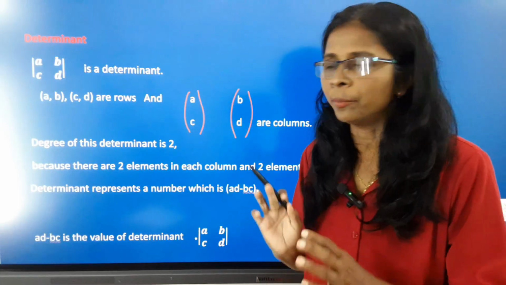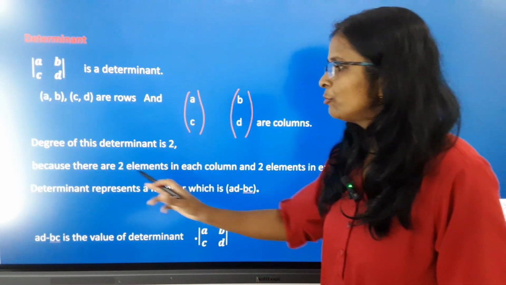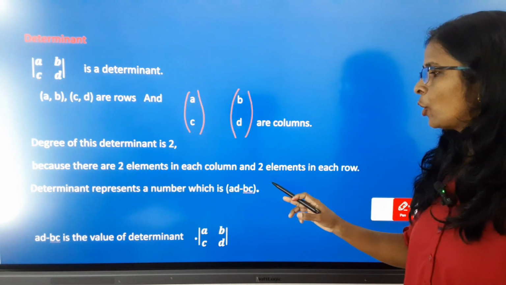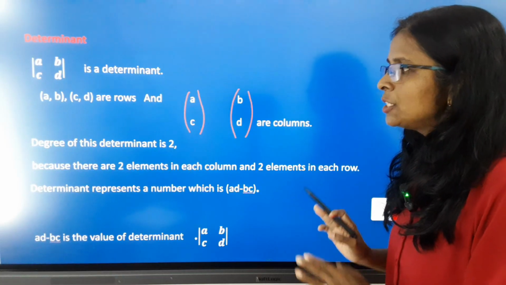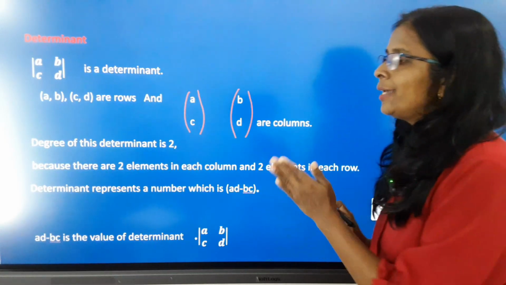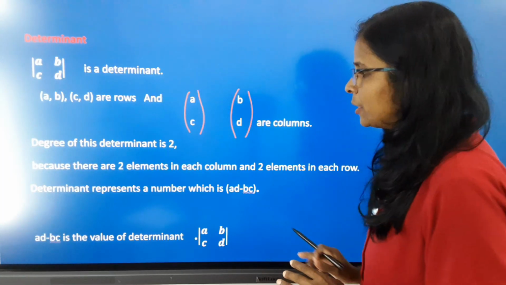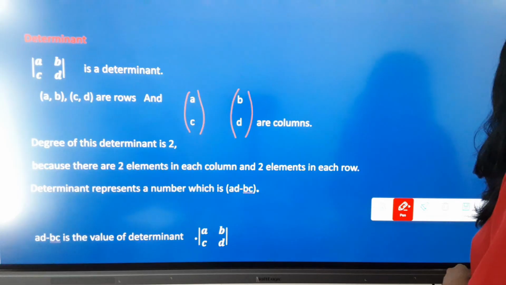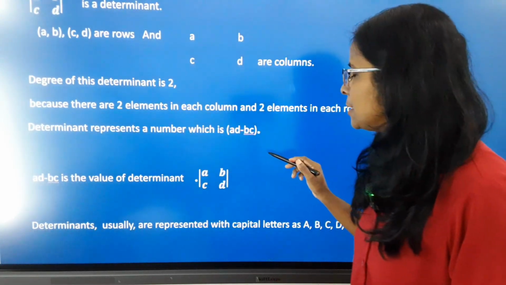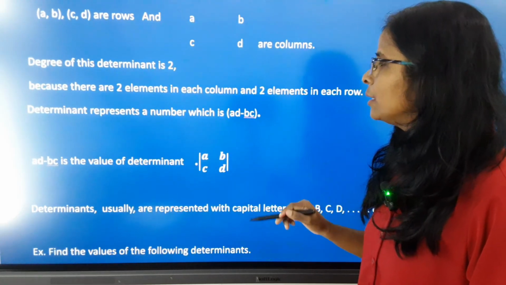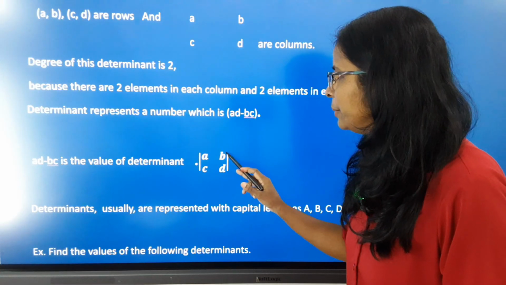So this is a determinant of 2 by 2 rows and columns. Here the degree of this determinant is 2, because there are 2 elements in each column and 2 elements in each row. Now a determinant represents a number, which we find by cross multiplying: AD minus BC.